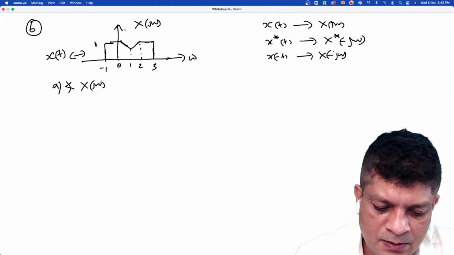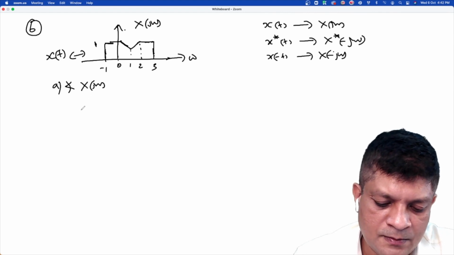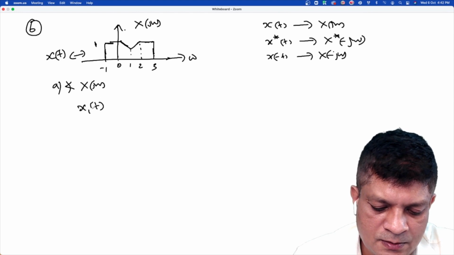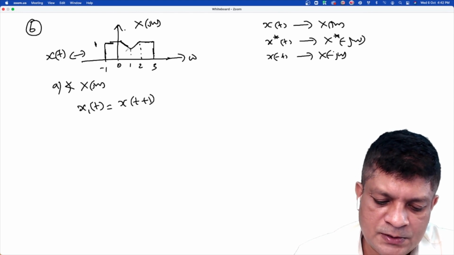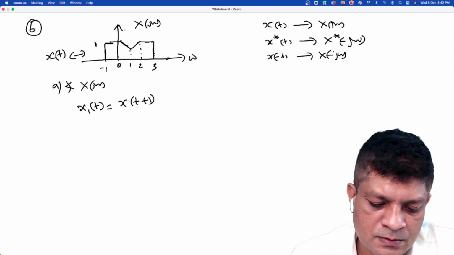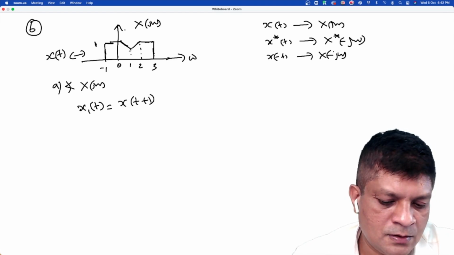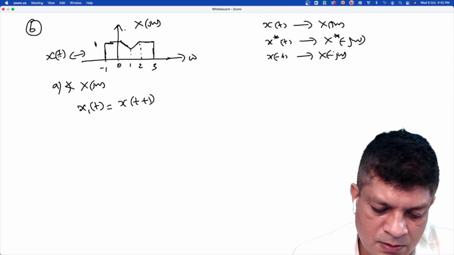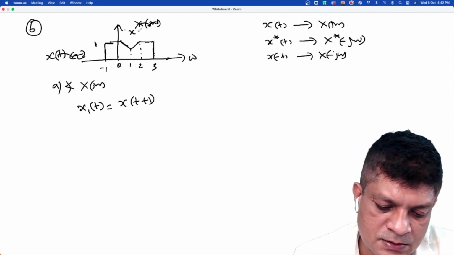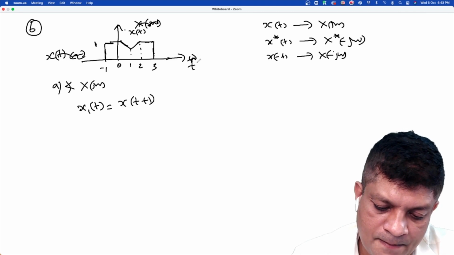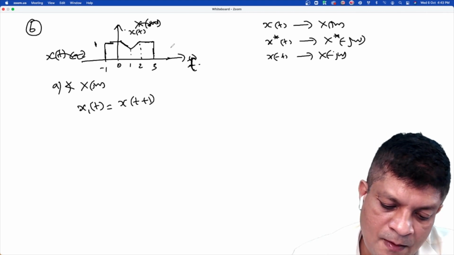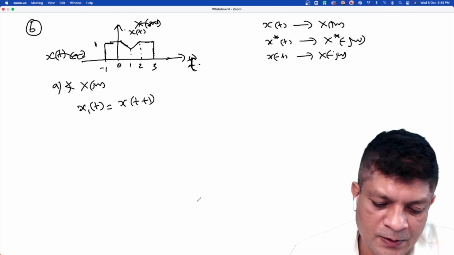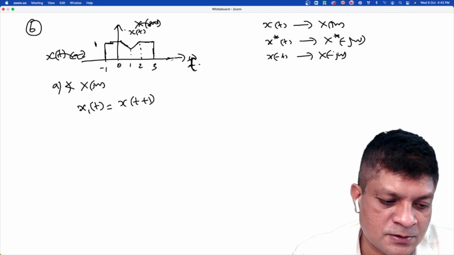If you are shifting that signal, let's say x1(t) is x(t plus 1). Oh no, this is the signal x(t), isn't it? The signal is given, so you have to find this. This is not the Fourier transform, the signal is given.